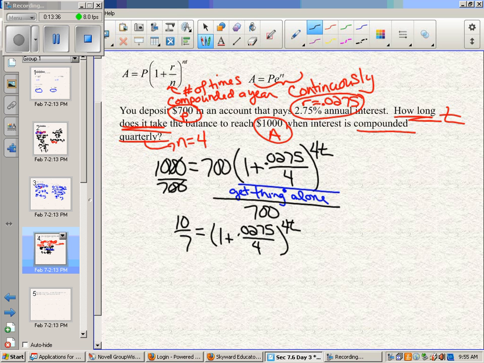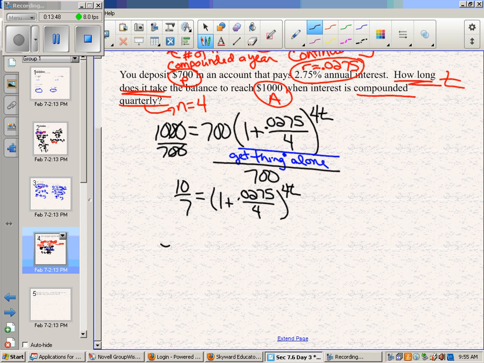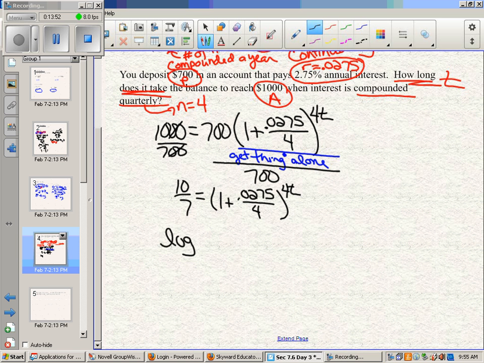When you have an exponential problem that you want to solve, you could change it to logarithms, or you can take the log of both sides. You got to pick. Which one do you want to do? Okay, change it to a log then. What's our base?